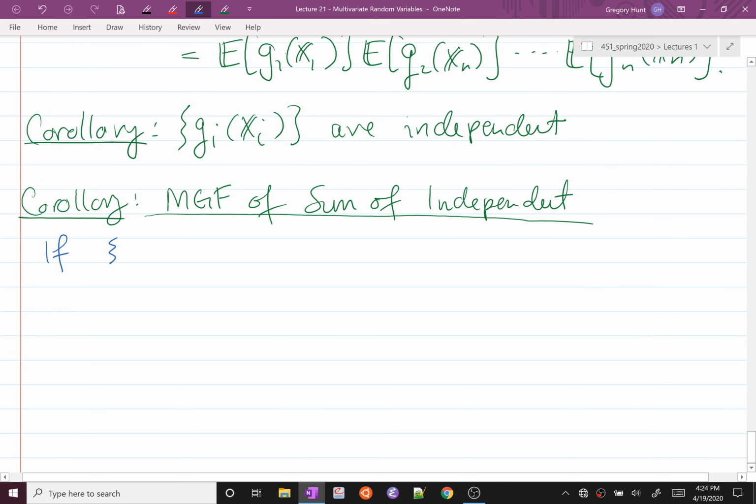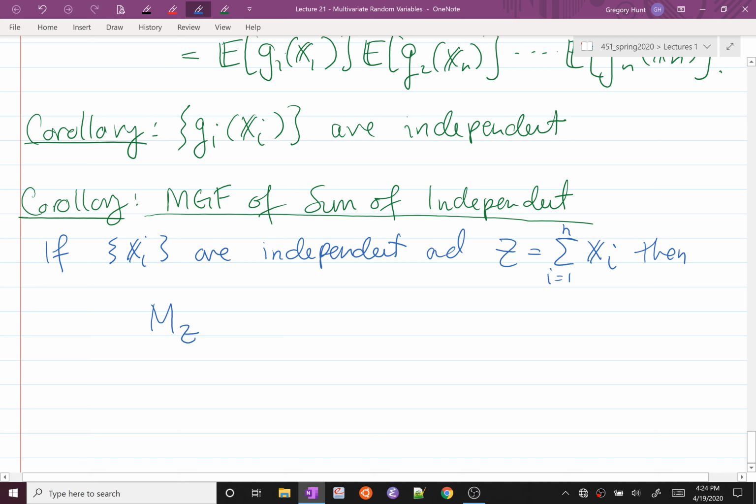If my x sub i are independent, and let us define Z as the sum of these x sub i. So Z is a function of all the x sub i's. It's the function that sums them together. Then the moment generating function of Z, of the sum of them, at some value t, is the product of the moment generating function of each of them.